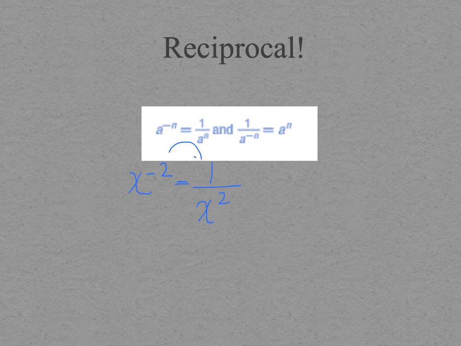These are called reciprocals of one another. Okay, but here's another way to think about it. Well, what if I had 1 over x to the negative 2? That's kind of opposite of what we were used to seeing. So I can bring the x to the negative 2 out of the denominator and make the exponent positive.